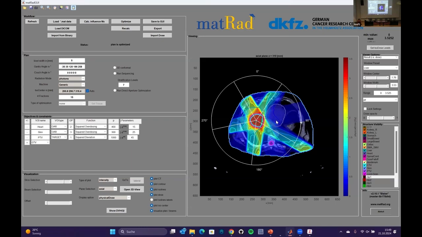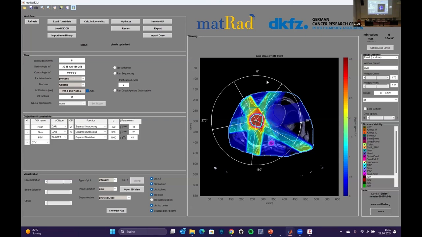If you would now do a proton plan, the primary things to consider are not to shoot through the heart and not to shoot through the spinal cord. You could leave this to the optimizer, but it would not make sense to create dose in the spinal cord if you don't need it.